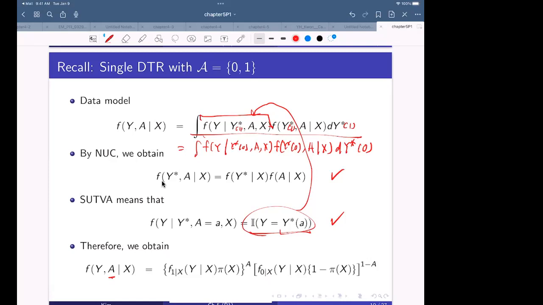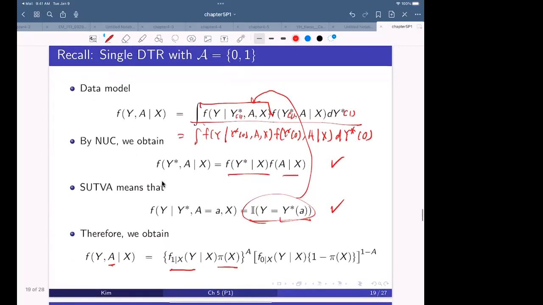So you have this guy times this guy, because you have a factorization. Same story here. The density will be the second density, so you will have F0 given X.